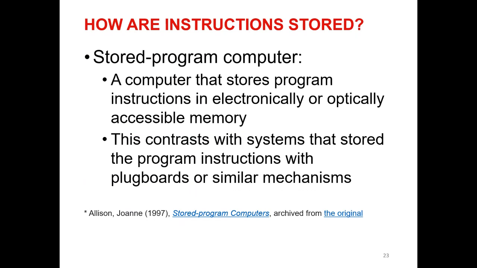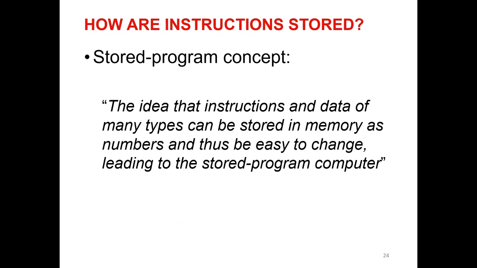So this gives us the concept which is called a stored program computer, which means that a computer stores program instructions in the same manner as it stores data. It stores everything in memory. You have here a more formal definition of the stored program concept, and it's something that you will find in some places.